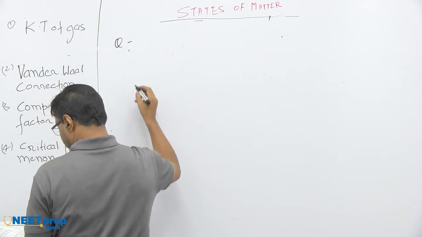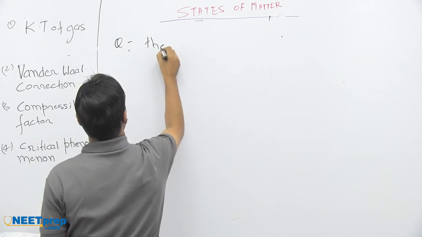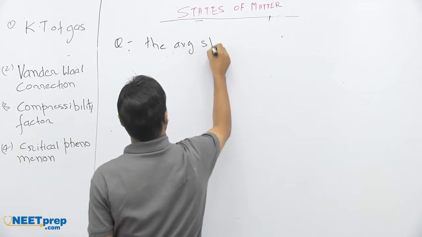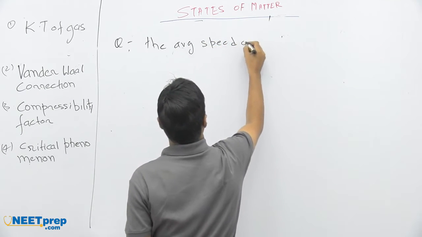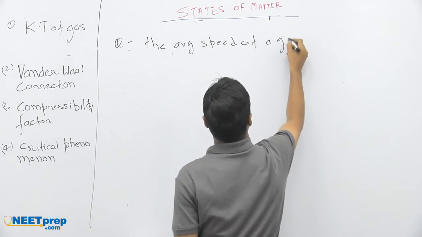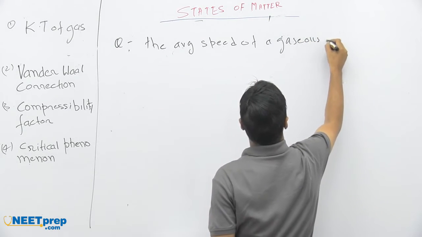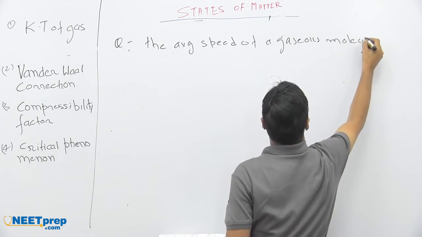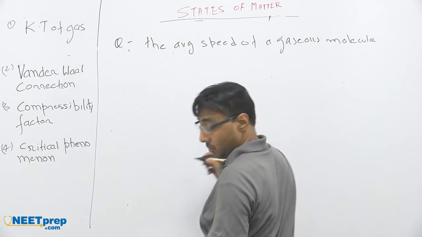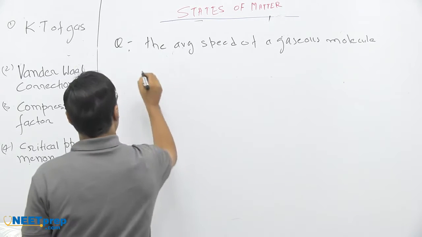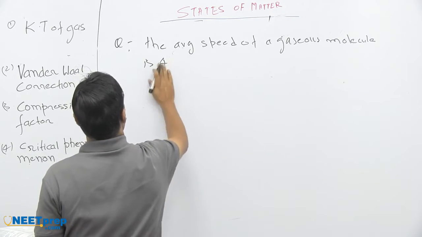The average speed of a gaseous molecule is 400 meter per second.